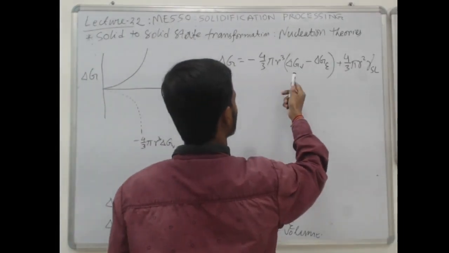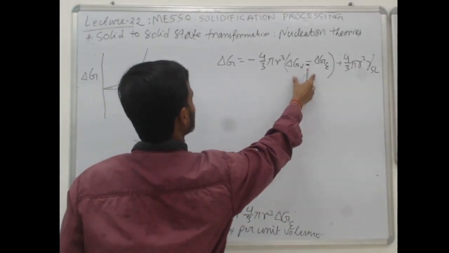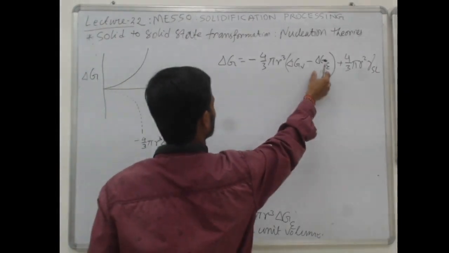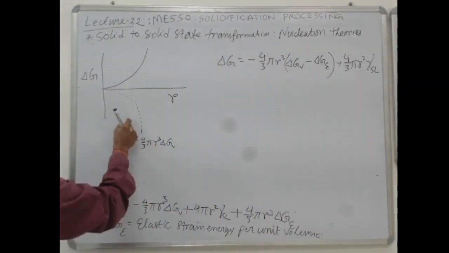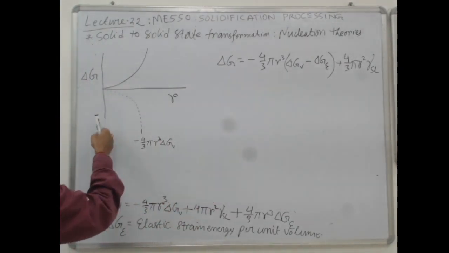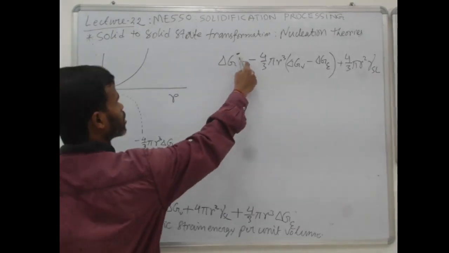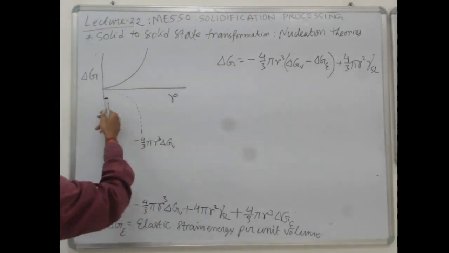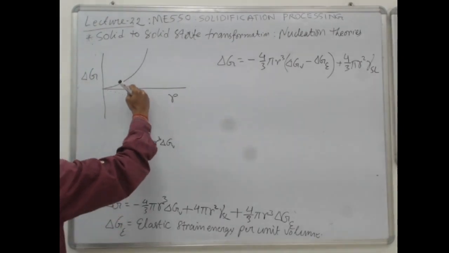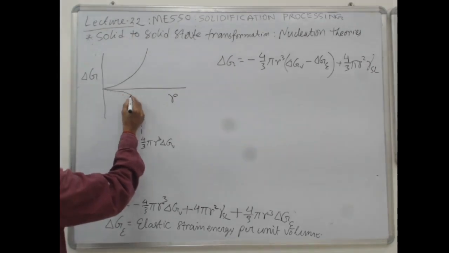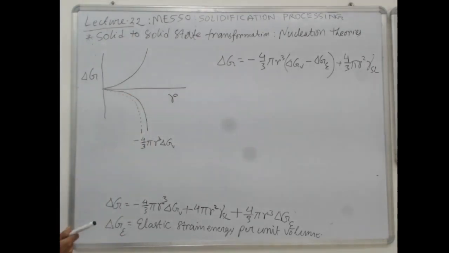Delta G V will be moving, because you are subtracting this part, this term becomes more positive. Of course, we are plotting on the negative axis, but we have already considered this negative sign, so the value will be less and it will move up like this.